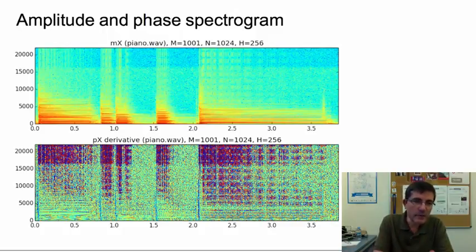So here we can also see this horizontal structure that relates to the stable peaks that correspond to the harmonics. Whenever the color is clearer, it means that it's more stable.